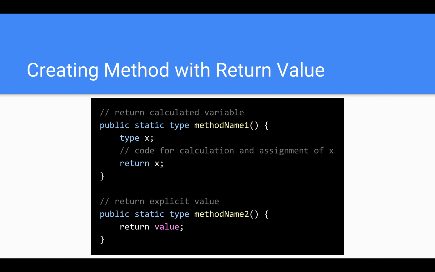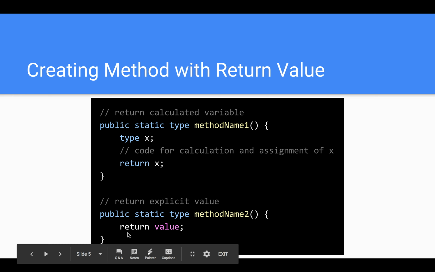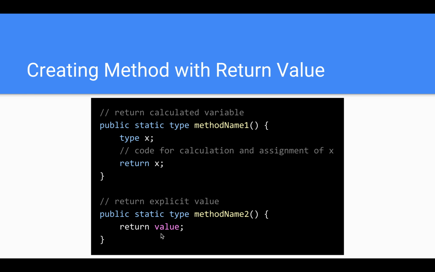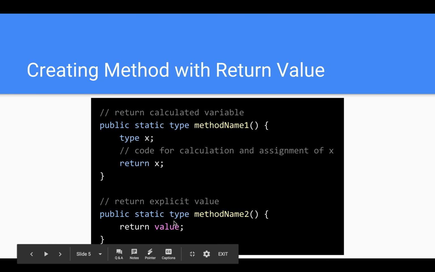So I have type x, and then at the bottom I do some calculation and assignment of x, and then I return x at the bottom. And that's one way to create a method with a return. And the other way is to return an explicit value. So in this case, I could return 4 if my type of method name was int.